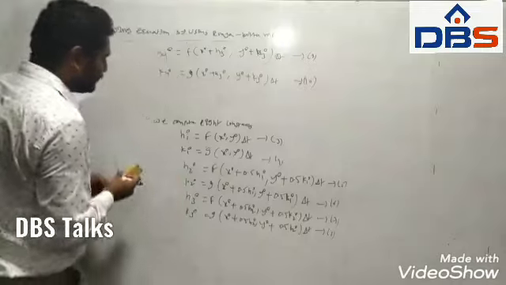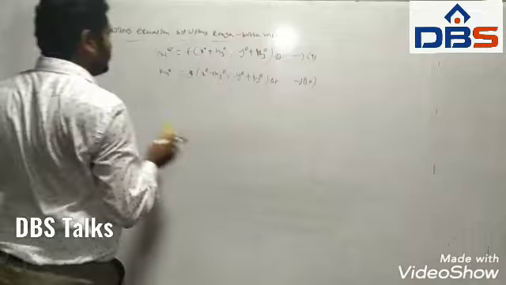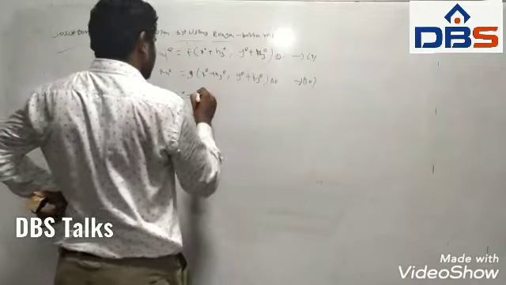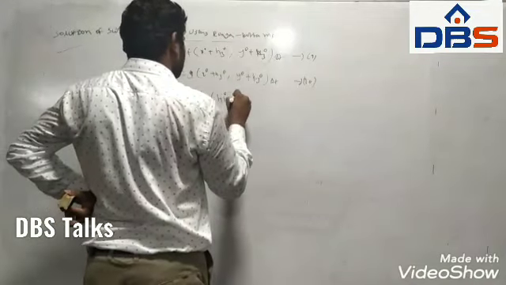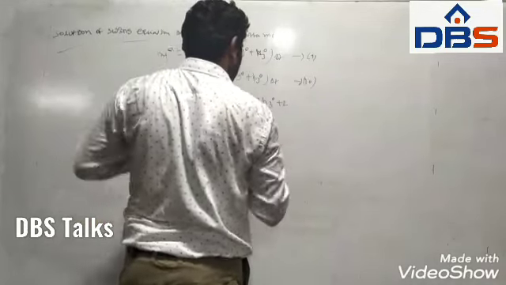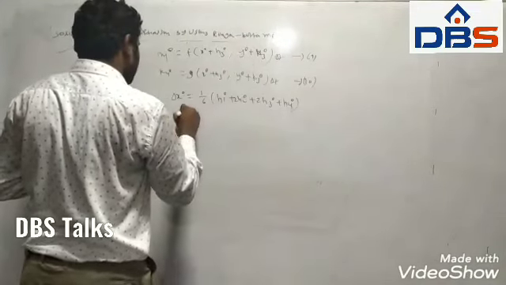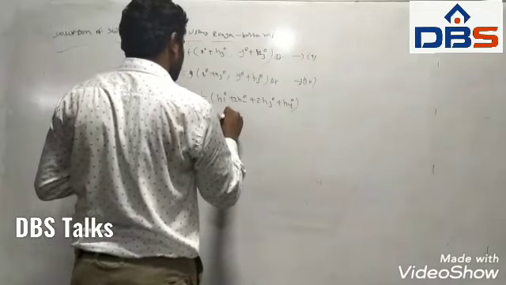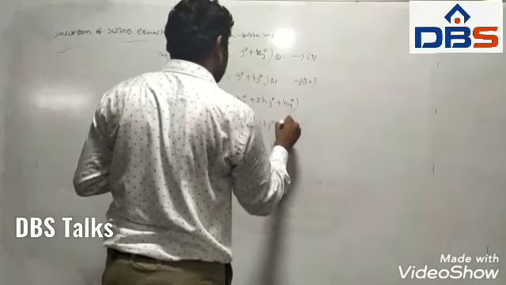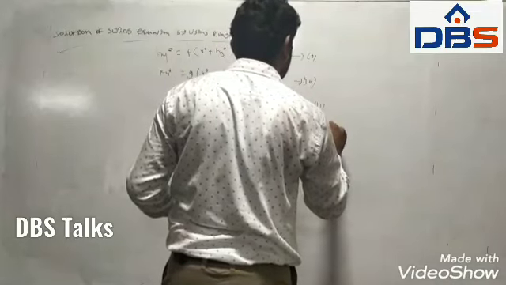That is, it will give delta x power 0 is equal to 1 by 6 into h1 power 0 plus 2 into h2 power 0 plus 2 into h3 power 0 plus h4 power 0, and delta y power 0 is equal to 1 by 6 into k1 power 0 plus 2 into k2 power 0 plus 2 into k3 power 0 plus k4 power 0. Treat these equations as 11th and 12th equations.